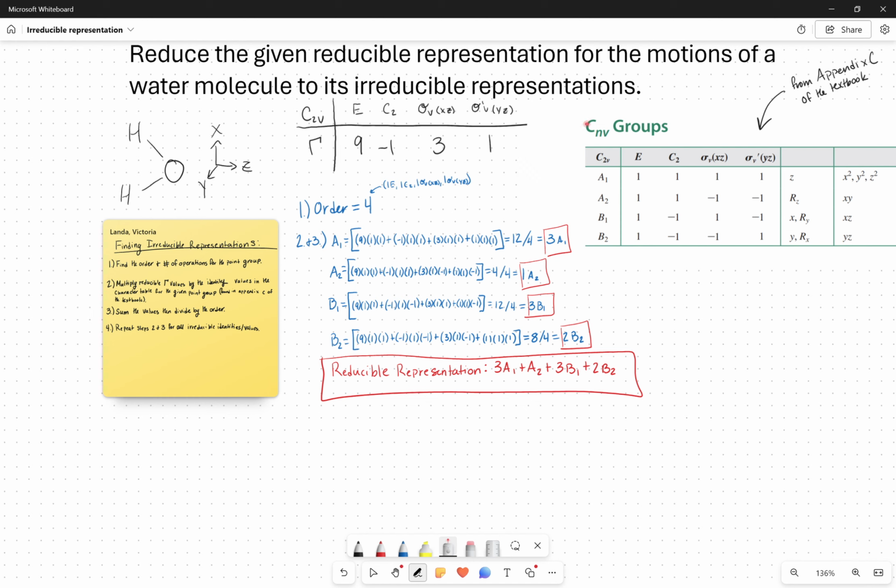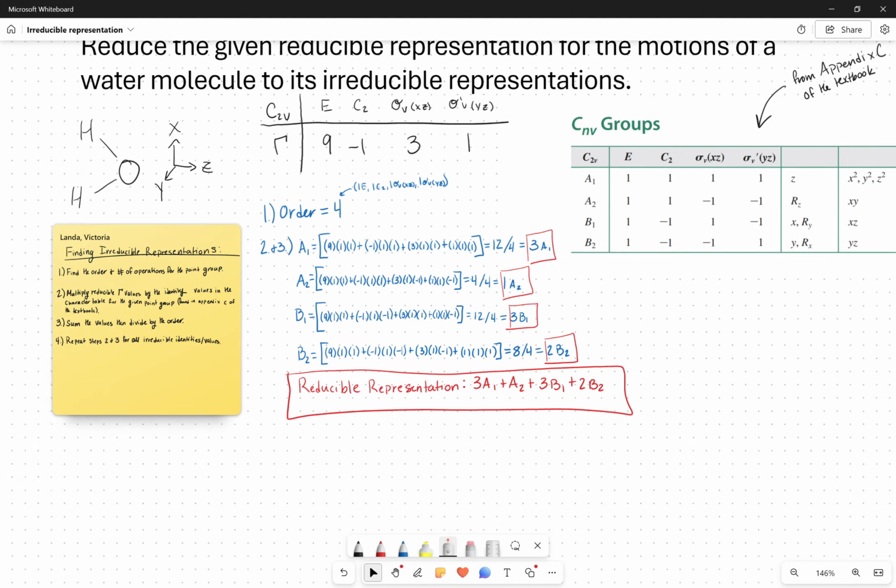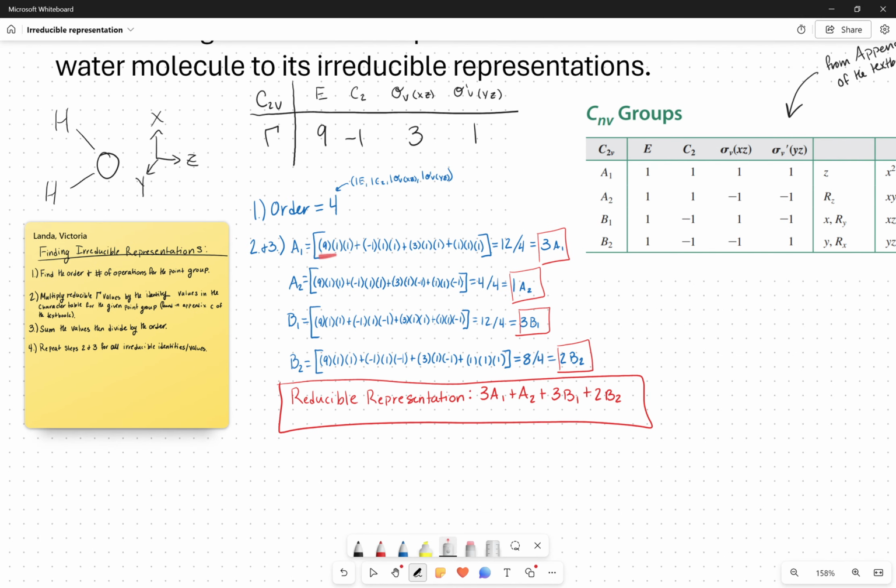Now, looking at A1, the A1 irreducible identity, we see that we start off with 9, which comes from here in the reducible table, 1 because we have 1 E operation, and 1 from this larger character table. And we multiply each of those together.